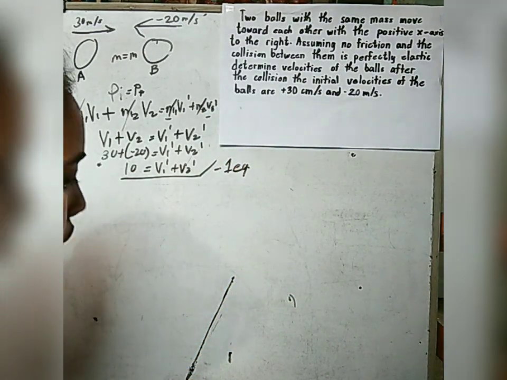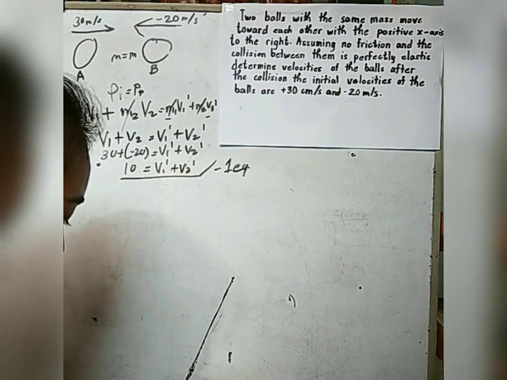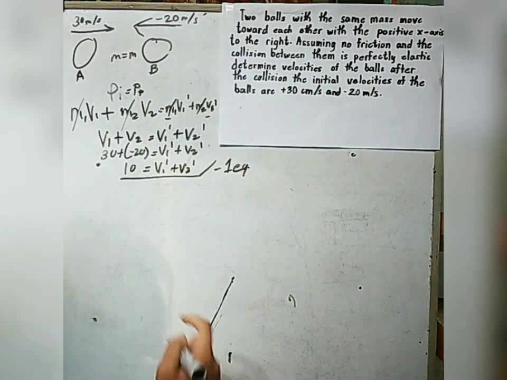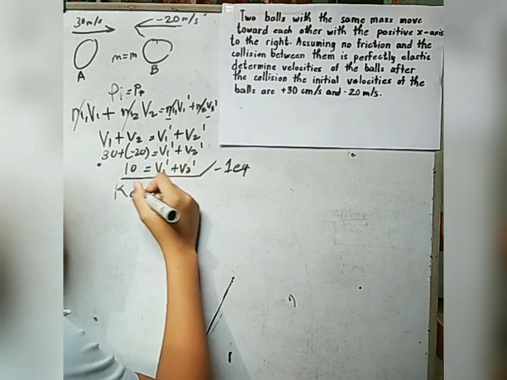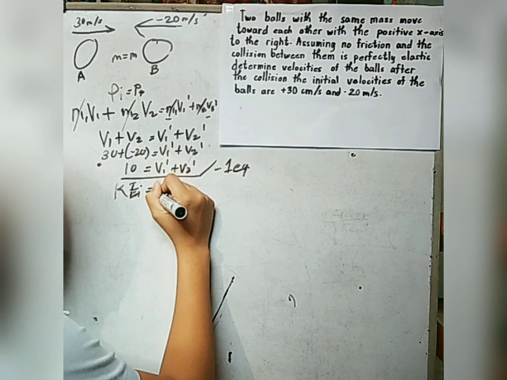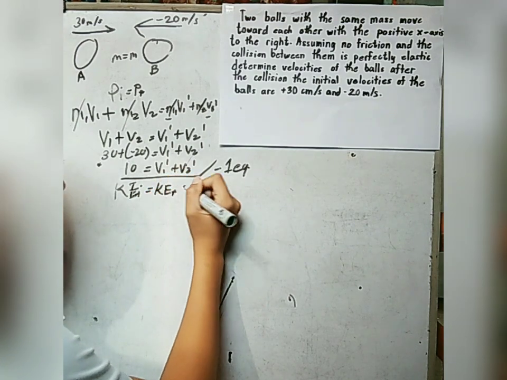And the second equation: since the energy is conserved, KE initial is equal to KE final.